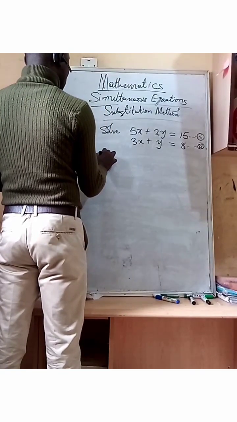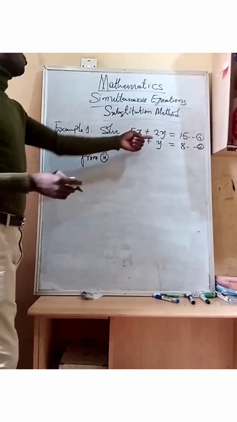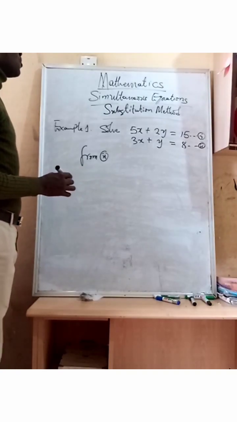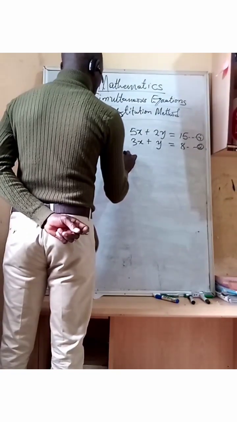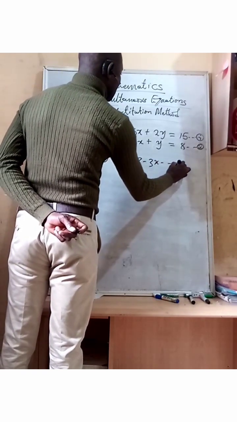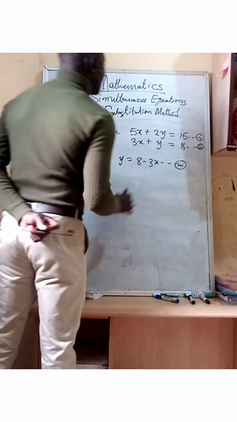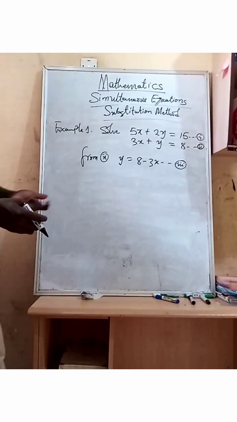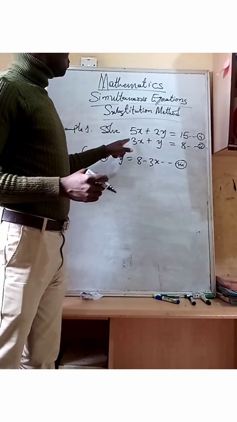So what do we do? We now say from equation 2, because in equation 2 we have y having a coefficient of 1, y equals 8 minus 3x, and that becomes our equation 3. Now, we have generated equation 3 from equation 2.